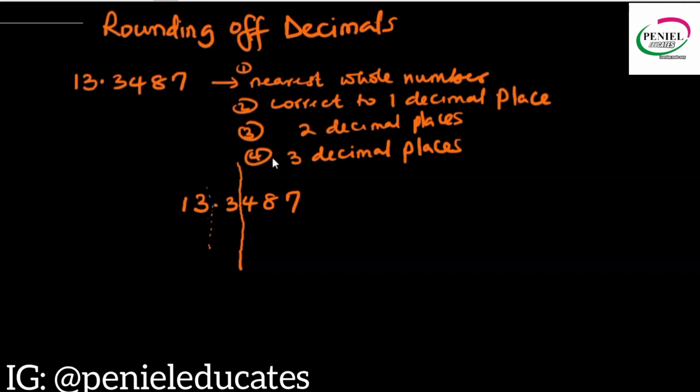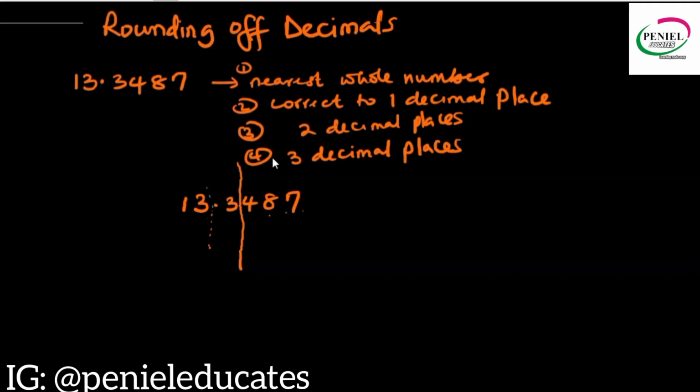We have this number that is behind this. Once you want to do that, just check the number that is behind this. This number here is 4. This 4 can only become 0. So you don't need to look at all the other numbers.